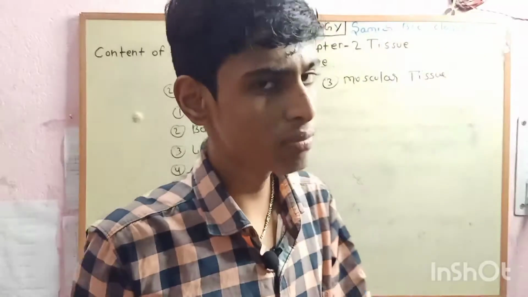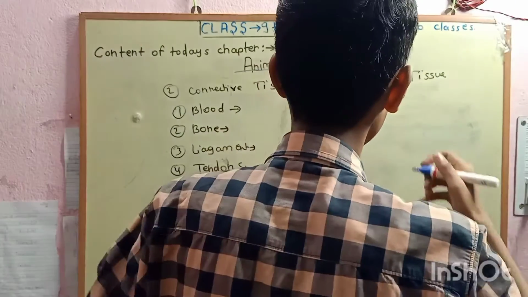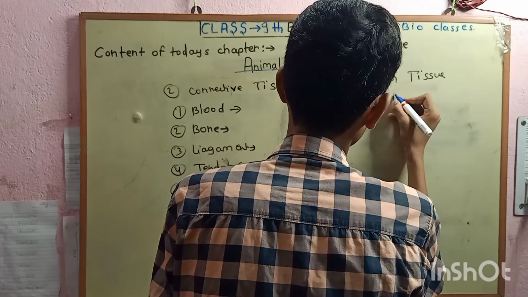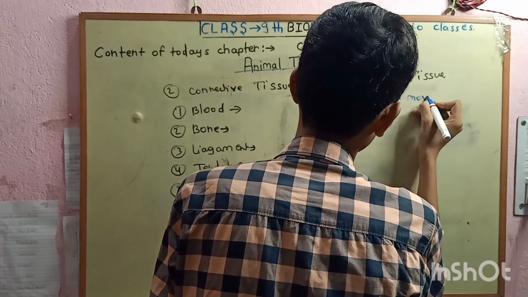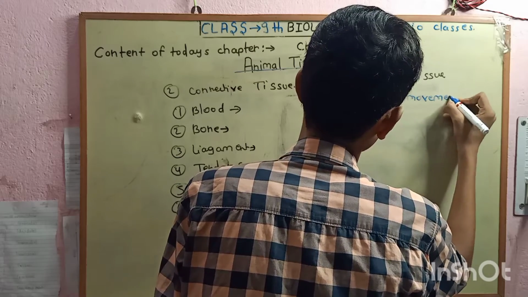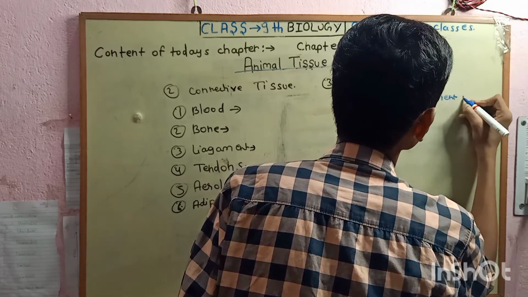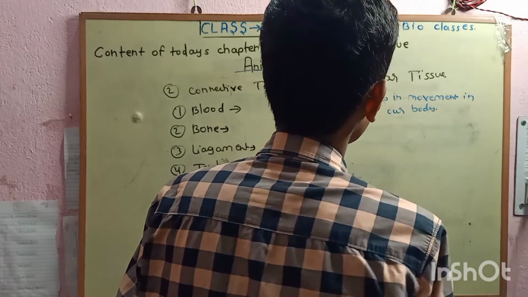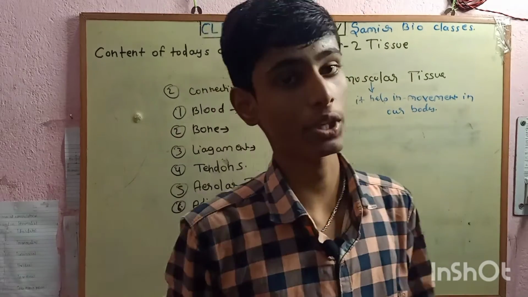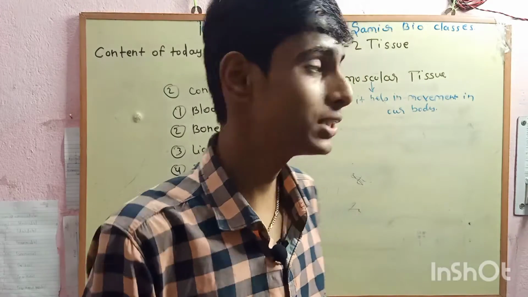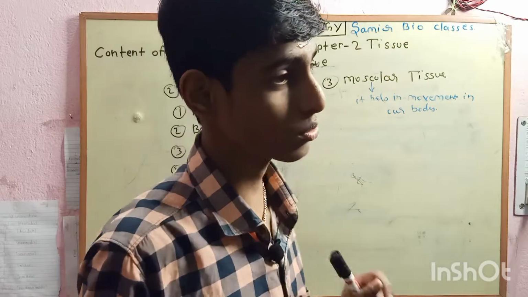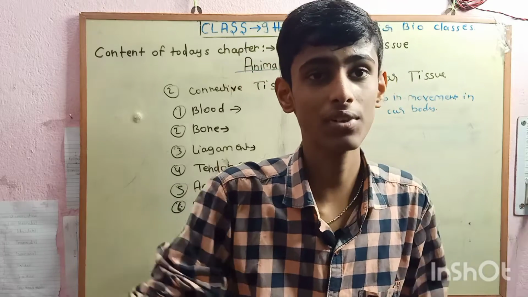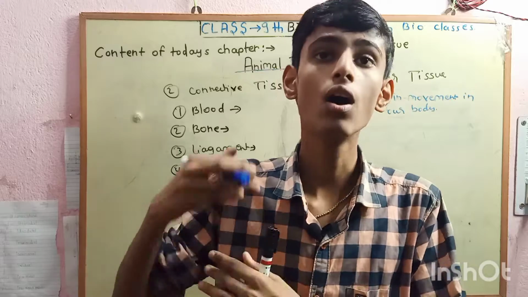Muscular tissue means movement in our body. It helps in movement in our body. How does muscular tissue help in movement? In muscular tissue there is a protein known as contractile protein, which helps in contraction and relaxation of our muscles.